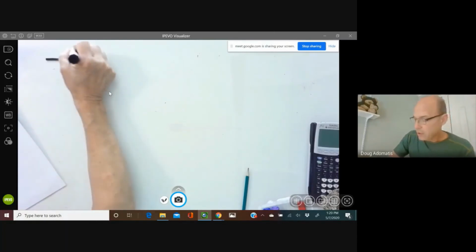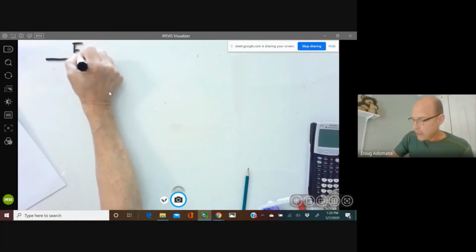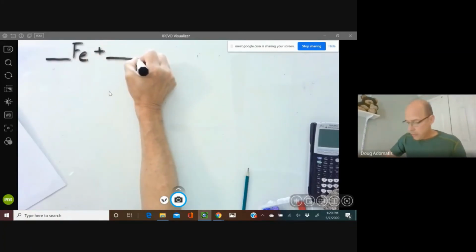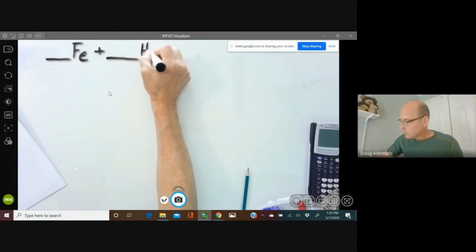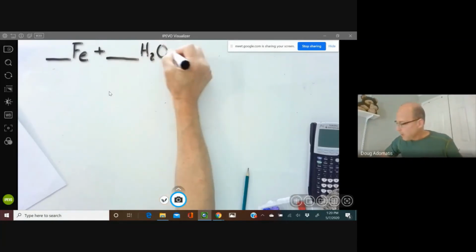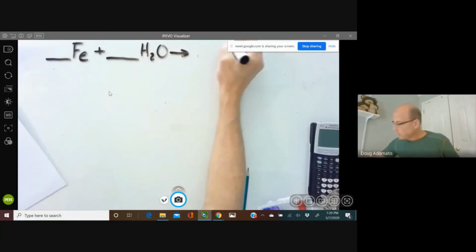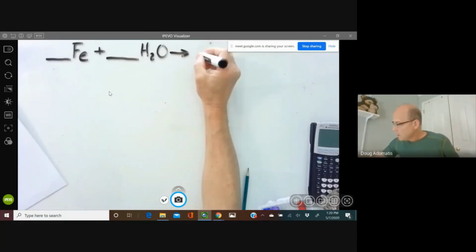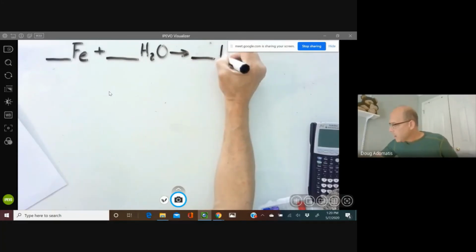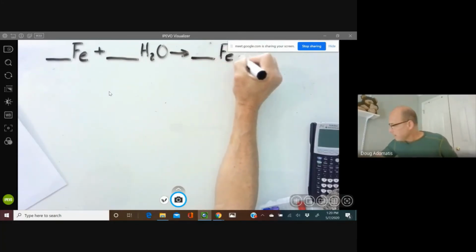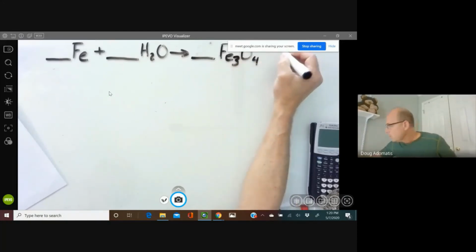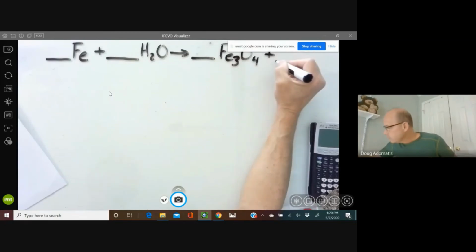I'm going to leave room for a coefficient, and I'm going to take elemental iron and put it in water. And that is going to produce iron oxide, Fe3O4, plus, leave room for a coefficient, hydrogen gas.